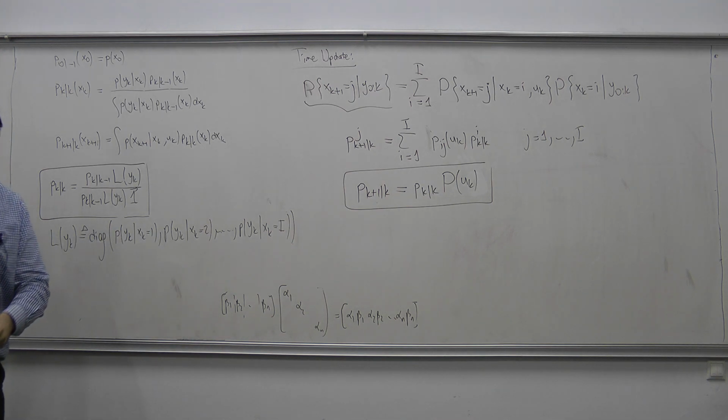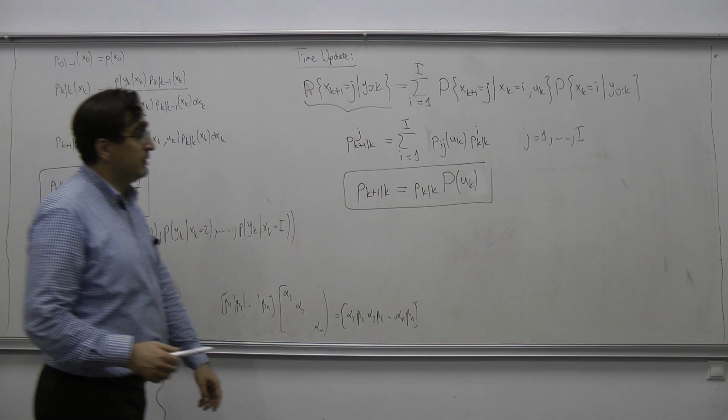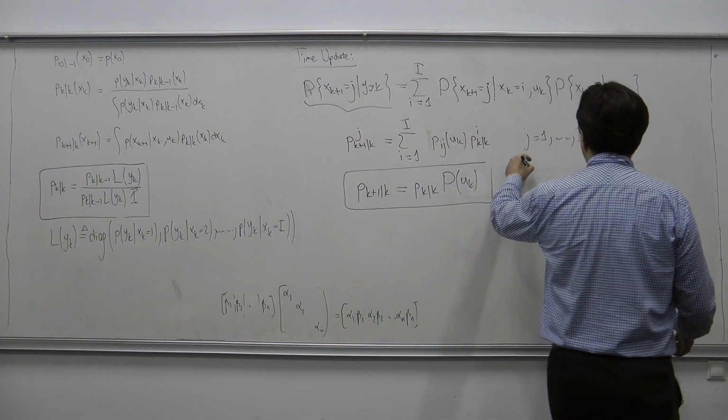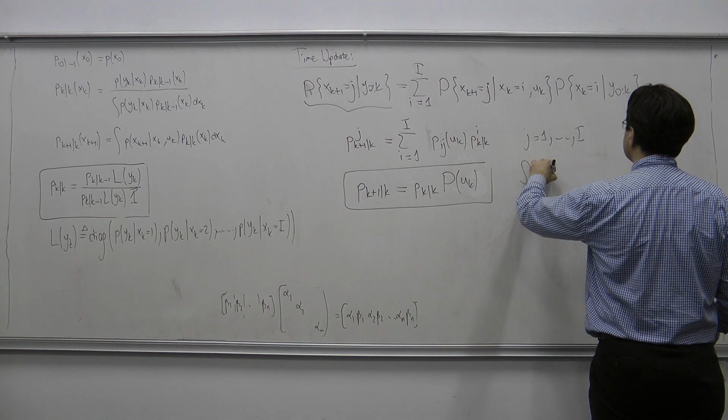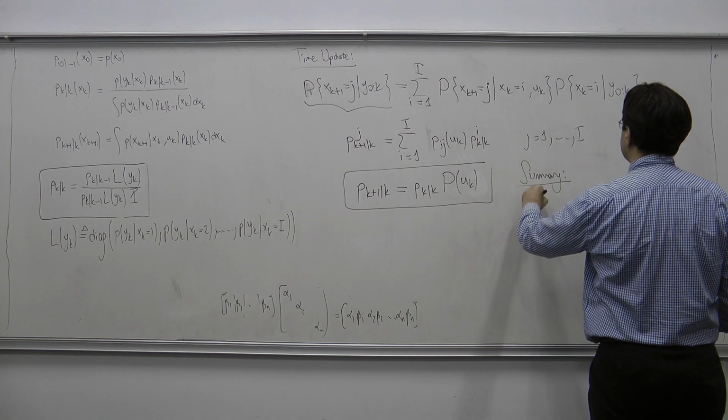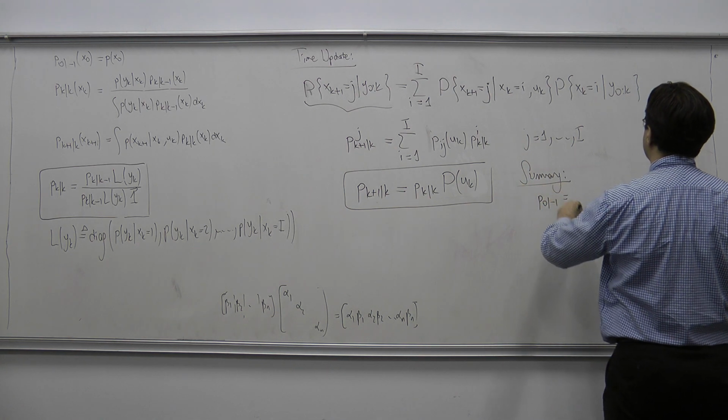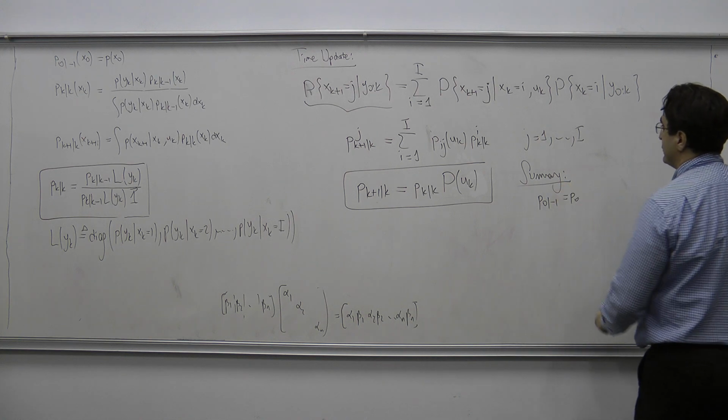So now we have finished the prediction update and the measurement update. Let us summarize. Initialization is p_{0|-1} is equal to p_0.